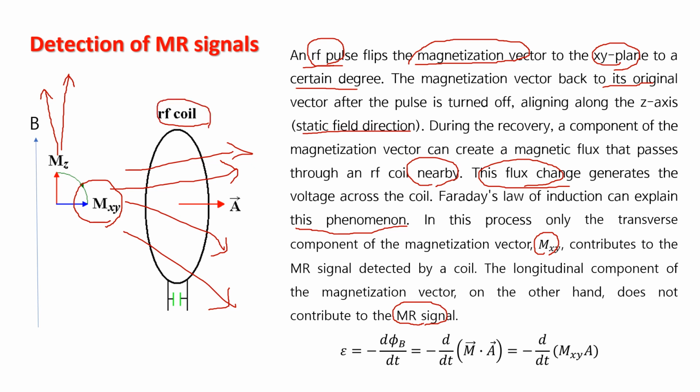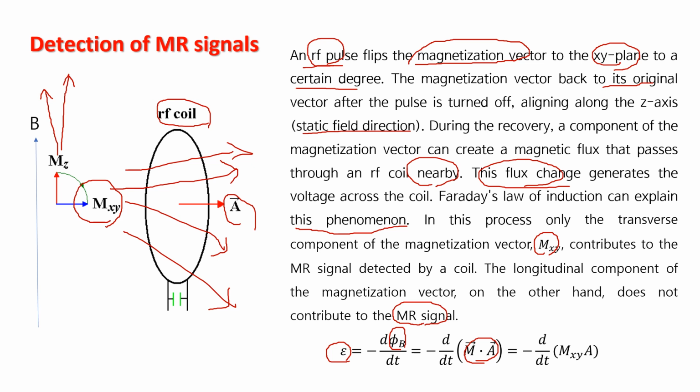And the voltage detected by the coil is dependent on the flux change. Flux is defined as M dot A, where A is the area of the coil.